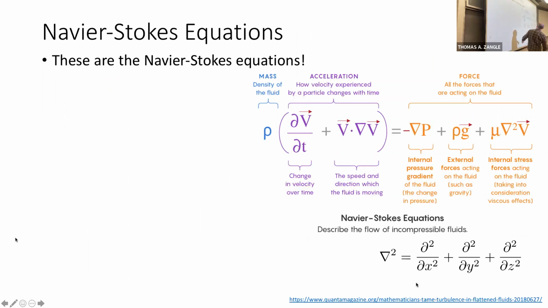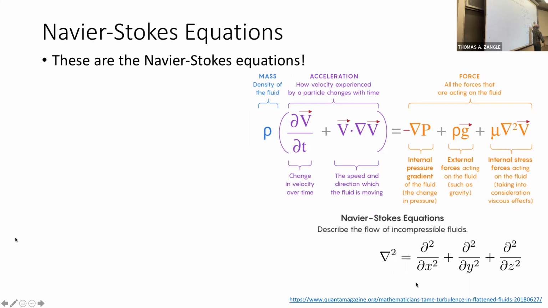The momentum balance or force balance piece of the Navier-Stokes equations is written here from a popular science article about turbulence in fluids. With some corrections, they made that sign error that I warned you all about, the minus grad p that was missing.